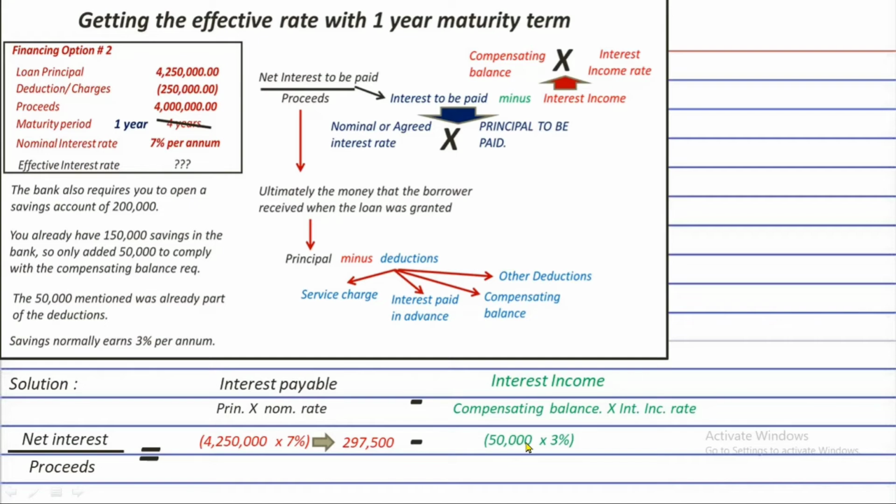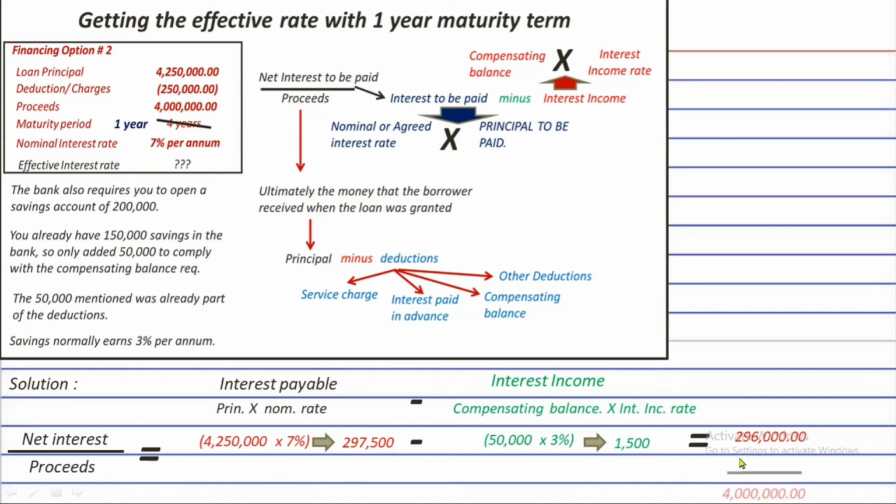Okay? So again, let's use only the 50,000. And then let's multiply it with the 3% annual interest income rate. And that will be equal to 1,500. So, the numerator is 297,500 minus 1,500, and it's equal to 296,000. Okay?